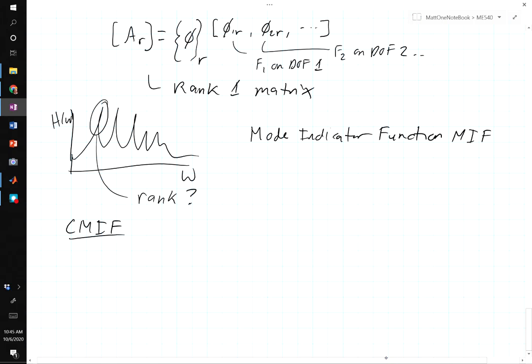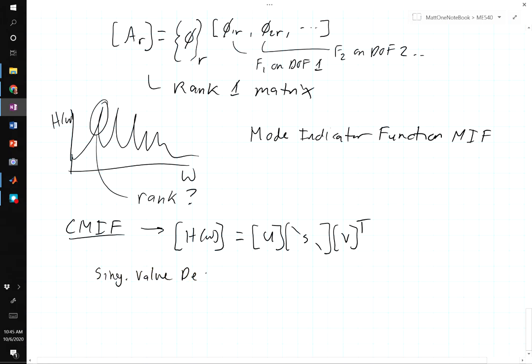But the complex mode indicator function, or CMIF, the way it works is basically we take this matrix H of omega and we decompose it in this way into a matrix U, a diagonal matrix S, and a matrix V transpose. And this is done using what's called singular value decomposition, or SVD.